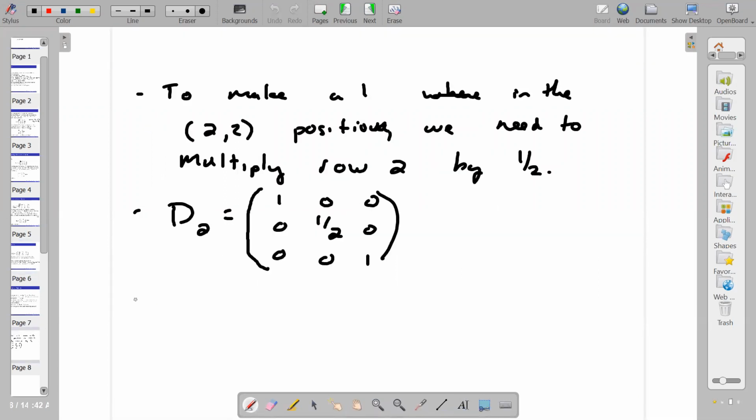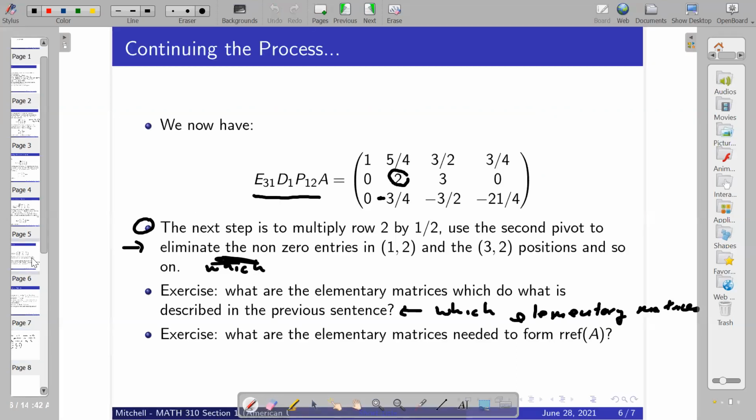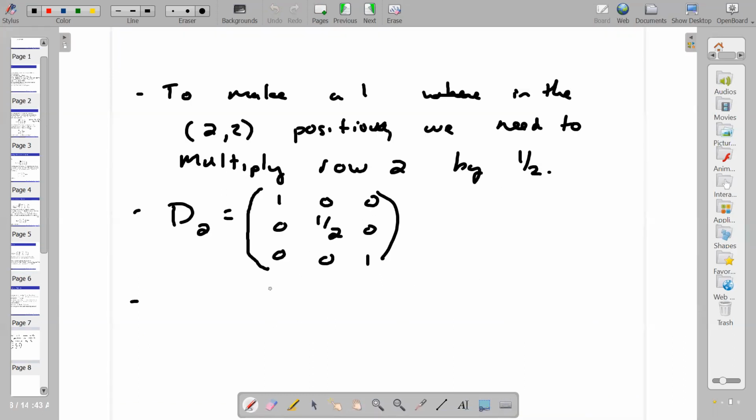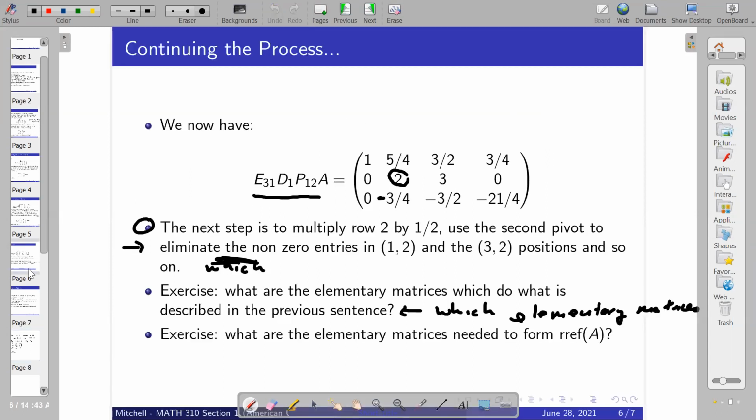So when you combine everything, the matrix we're writing down is represented by this product. If you multiply on the left by D2, that's how you'd write that down. So it would be D2, E3,1, and then the rest: D1, P1,2, A.